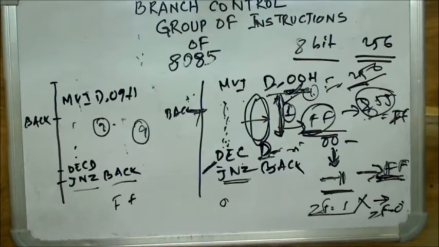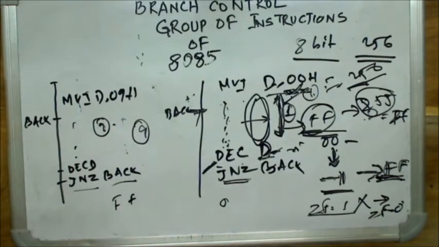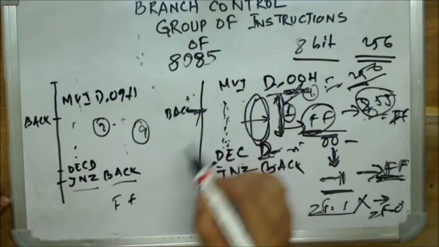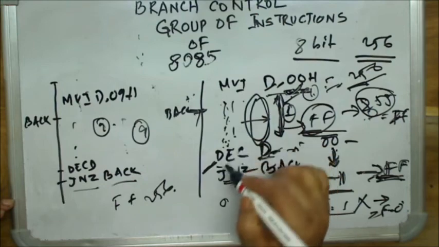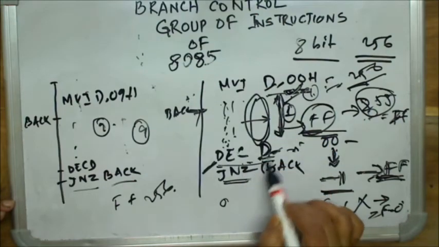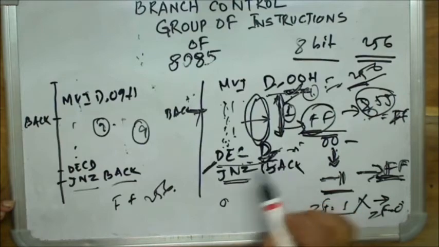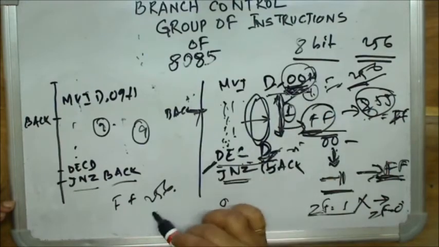If you initialize the count with 0, then only the loop will be executed 256 times, because one time it will be executed as a single pass of the program. Then at the instruction DCR D, the count which you initialized as 00 will become -1.